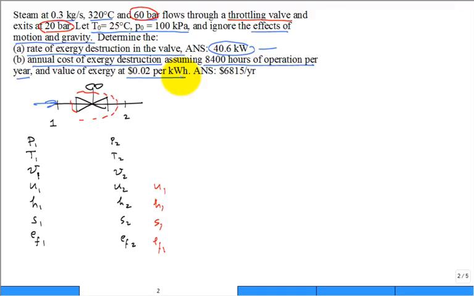So you have to take that exergy destruction rate, multiply it by how many hours are in a year, that will give you the total amount of energy that has been wasted, so to speak. The exergy has been destroyed. That useful part of the energy has been wasted or destroyed. And you multiply that by the cost per unit of energy.